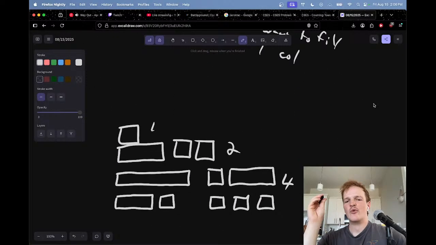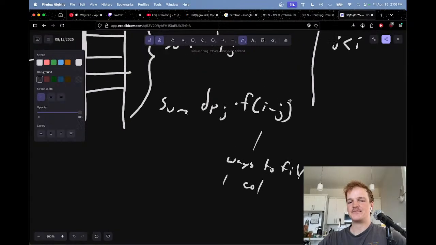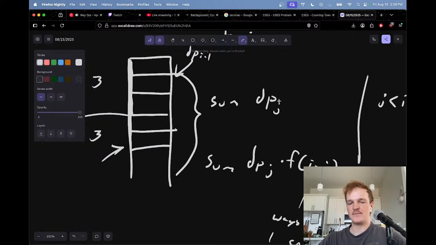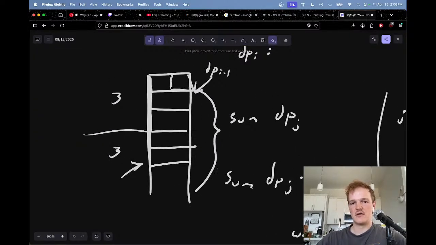so then the question becomes, okay, I've figured out how to get f of i minus j in linear time. That's fine. How do I multiply that across each dp at j? So I say there's one way to get dp at i minus 1.